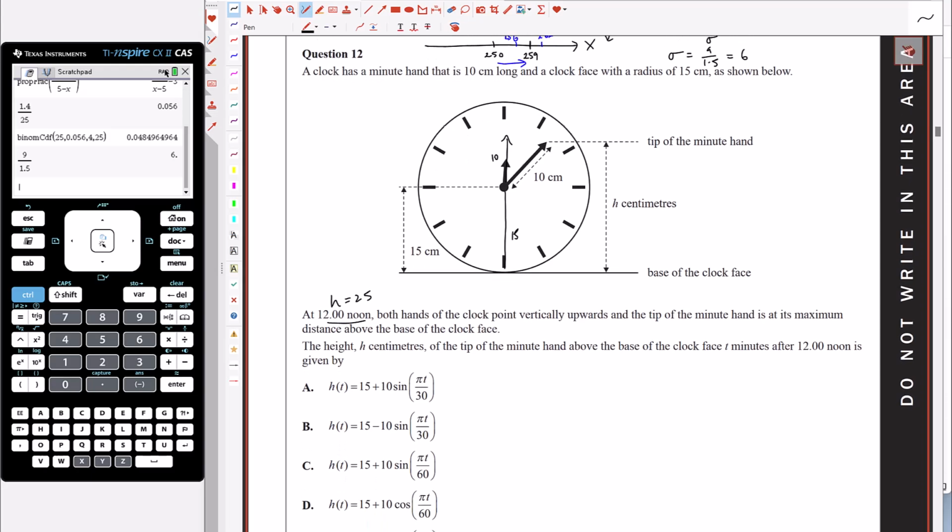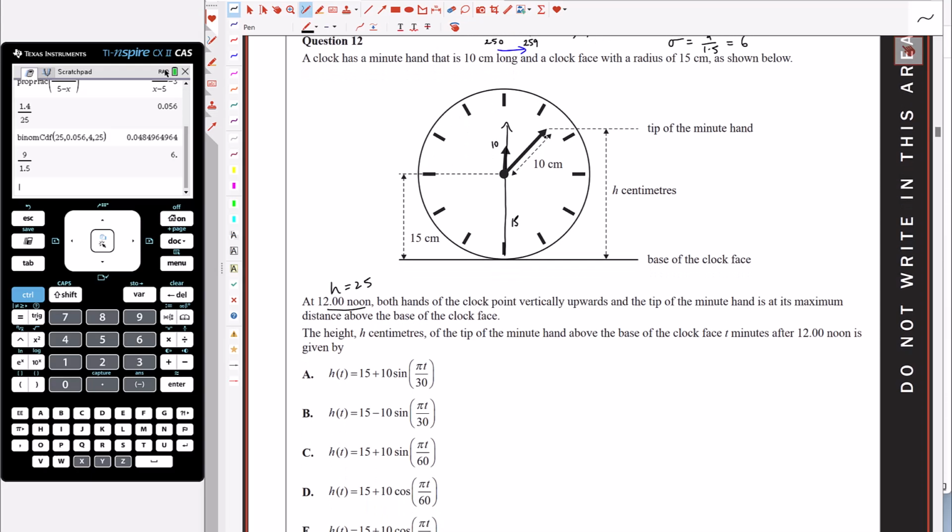Okay, so we know the minute hand has a length of 10, and so it goes from being up here, its maximum height above the base of the clock, which is 25, the 15 plus 10, and the minimum is going to be when that's 10 down there, so the minimum will be 5. So minimum h is 5, max h is 25.